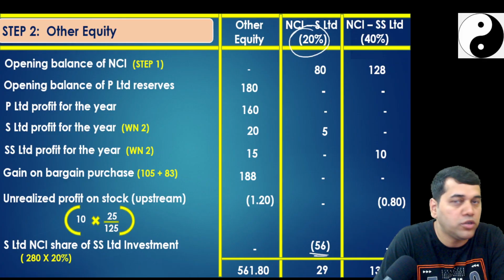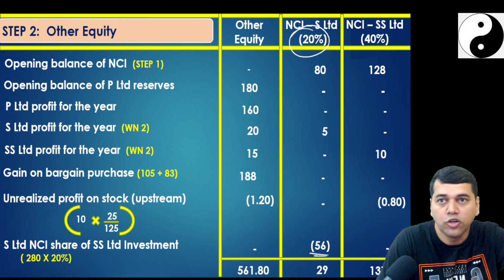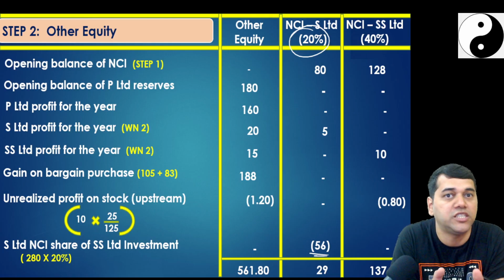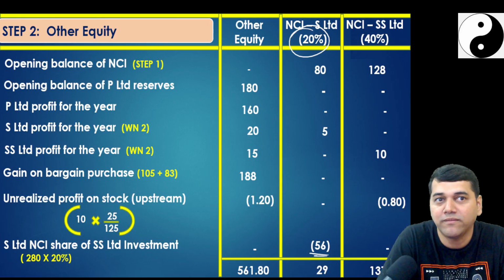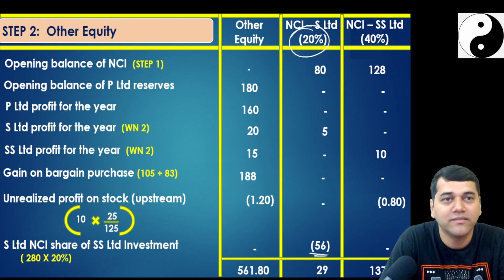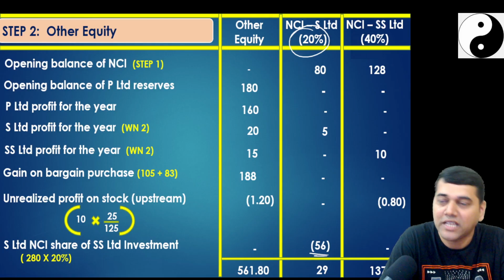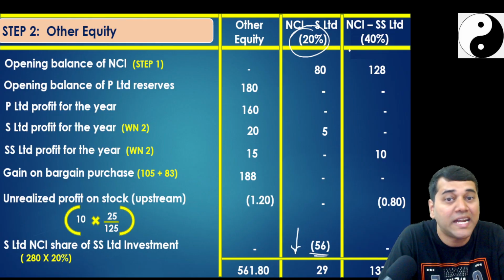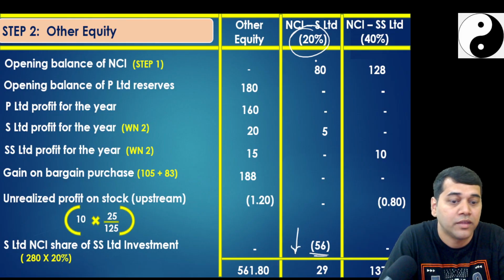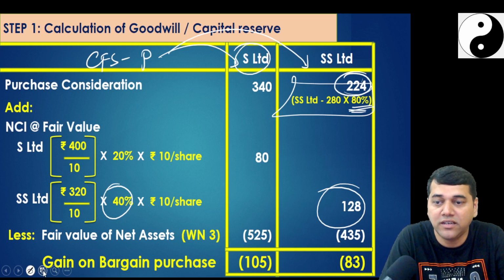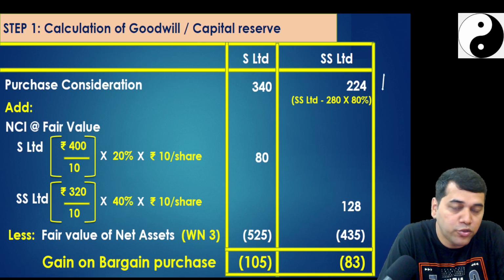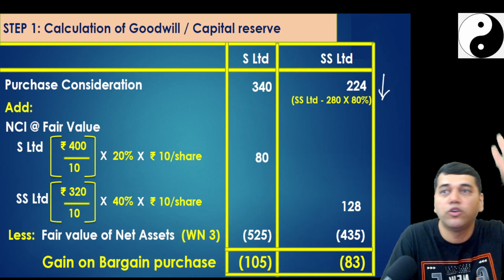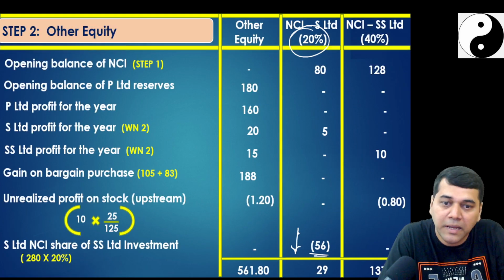But when you have told, look sir, in that 280, only 224 is my investment, that means in your balance sheet, NCI investments you are not accounting, but you are eliminating it. That's why on the liability side, you reduce that much balance of that particular NCI also. So effectively in the goodwill calculation, you reduce the NCI here. Means their investment also you will not show, their balance also you will not show.